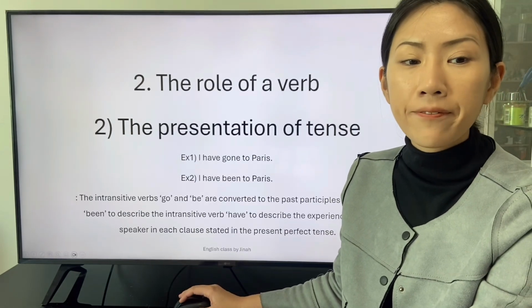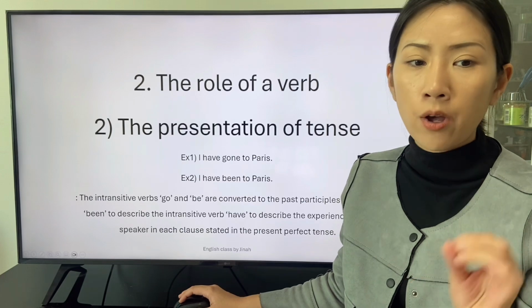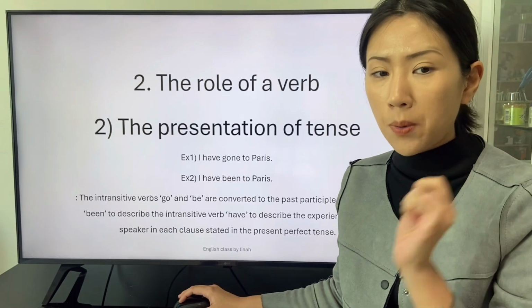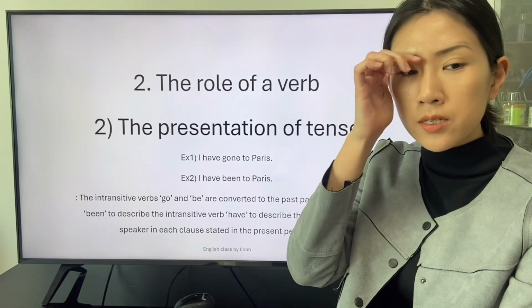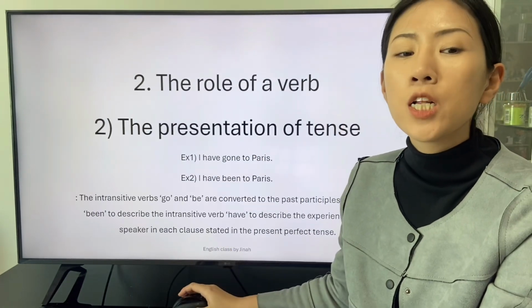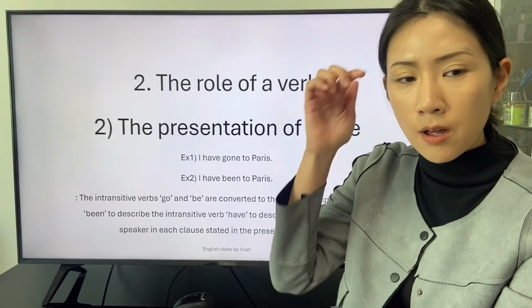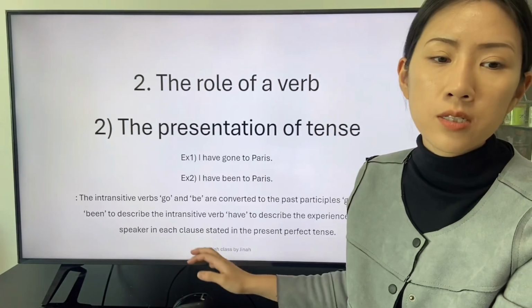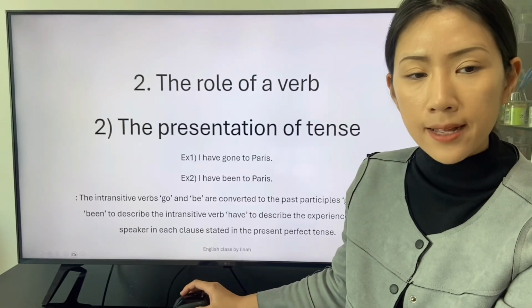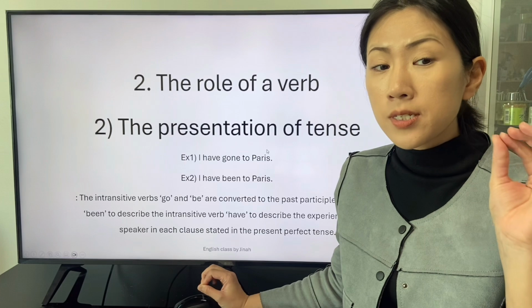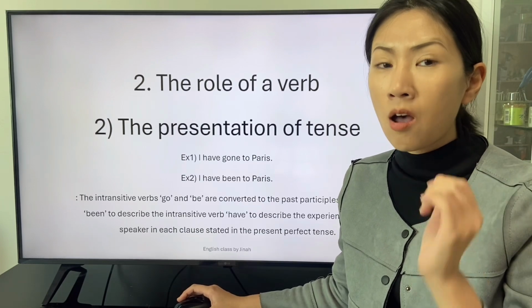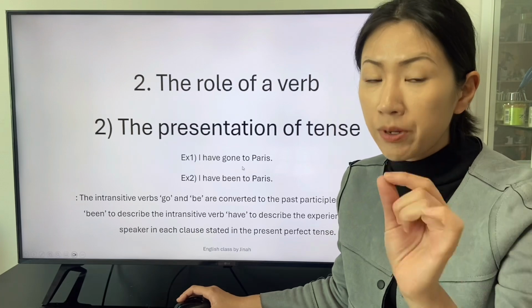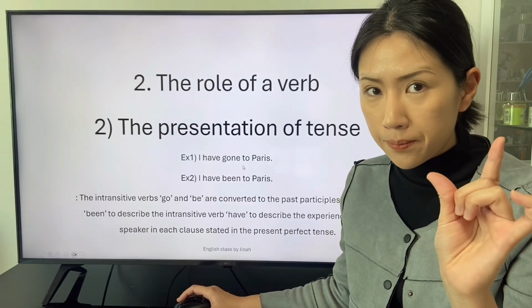The transitive verbs go and be are converted to the past participles gone and been, to describe the intransitive verb have, to describe the experience of the speaker in each clause stated in the present perfect tense. In the first exemplary clause, the past participle gone describes the period of time.